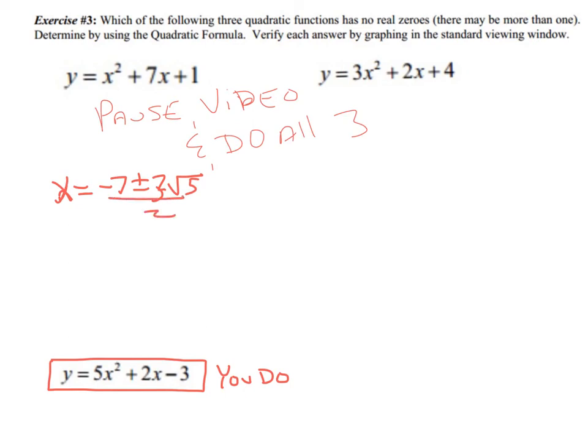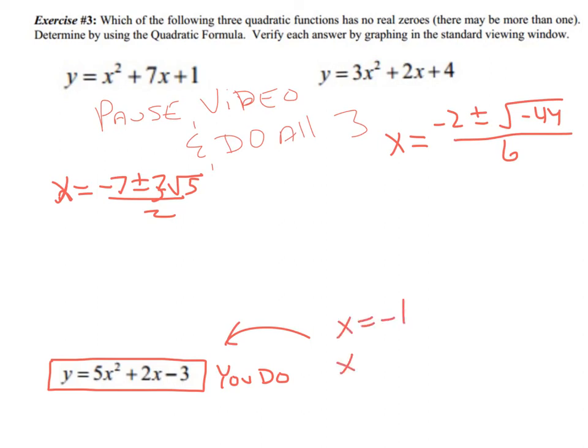For this one here, you should have gotten x equals (-2 plus or minus the square root of -44) over 6. And yes, that can be reduced further, but I'm going to talk about that in a second anyway. And for this bottom one, you should have gotten x equals -1 and x equals 3/5.